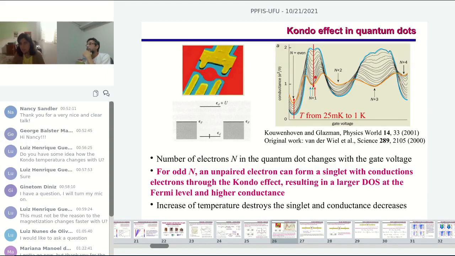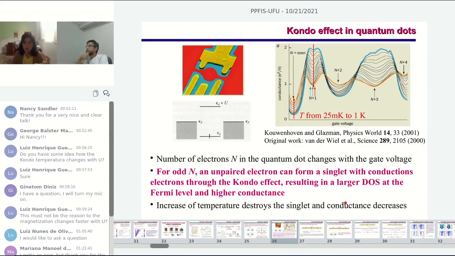The blue curve here corresponds to 25 millikelvin of temperature. As the temperature increases, the conductance decreases because the singlet that was being formed through the Kondo effect is destroyed.